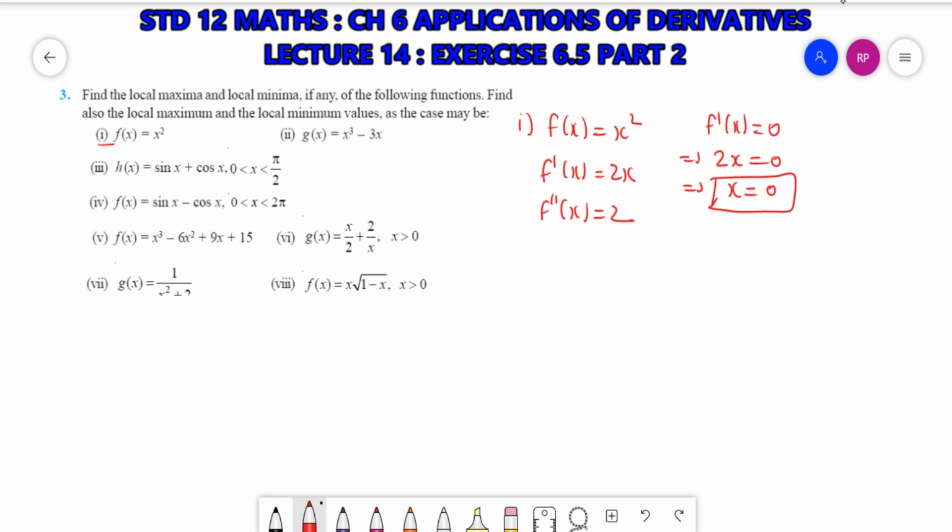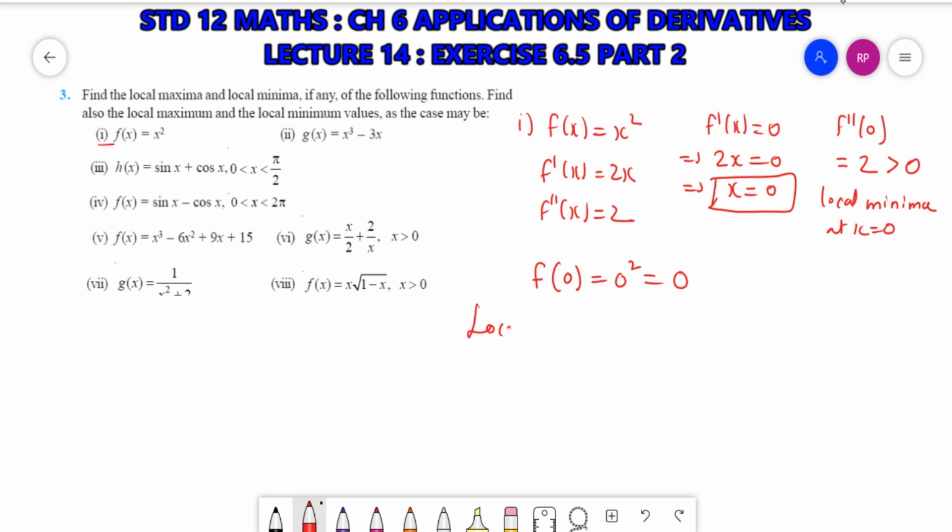Now f double dash 0, that is a constant function too, so that is greater than 0, hence local minima at x equal to 0. The point x equal to 0 is called the local minima. Now let's find the local minimum value. For that we need to find f of 0, that is 0 square, and that is 0.